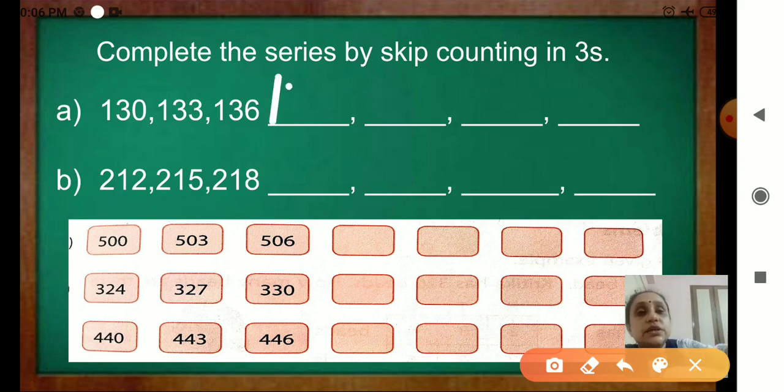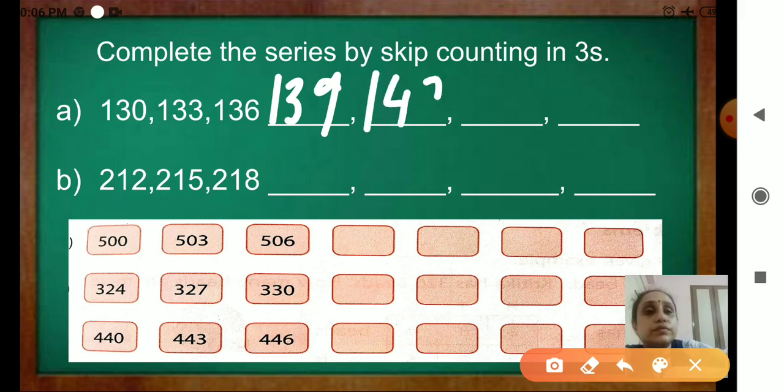So write here 139. After 139, start counting 140, 141, 142. Written till here.